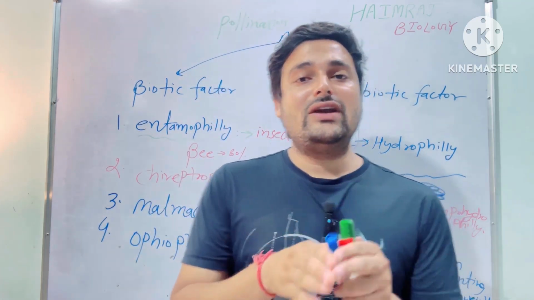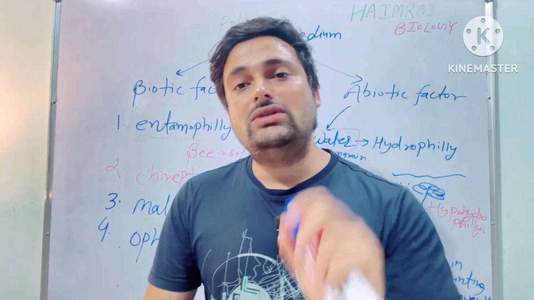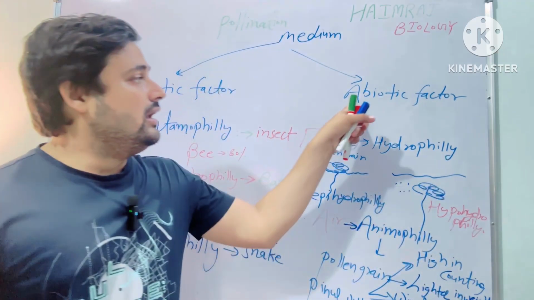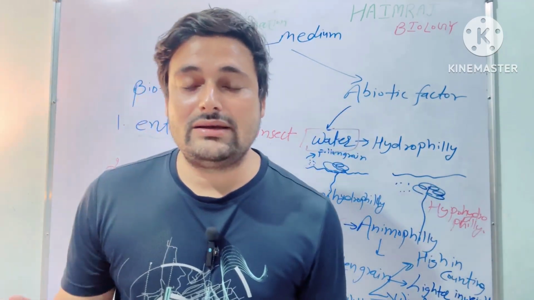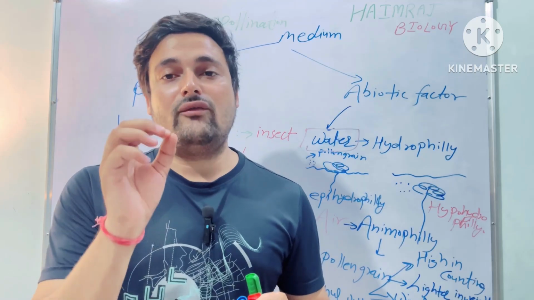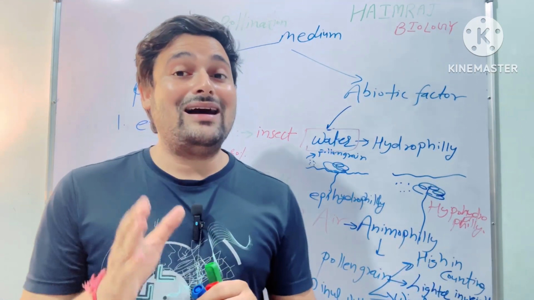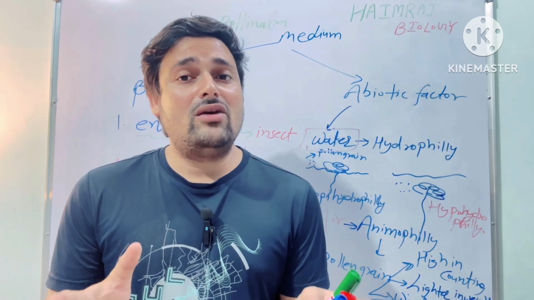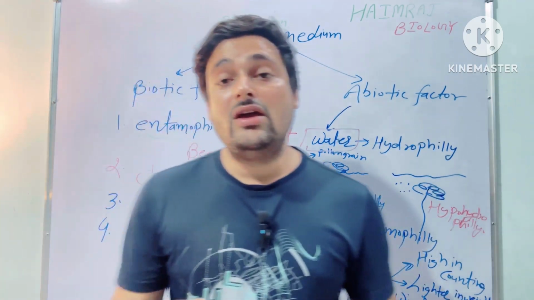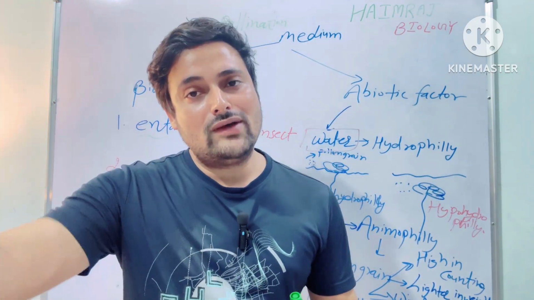That's why different kinds of insects and animals will be attracted to that flower and will help in the procedure. For abiotic factor, the flower can be unattractive, but you have to make sure that your pollen grains have wings, and the count should be high, because some can be lost in the environment, and they should be lighter in weight, because air is transferring pollen grain from one flower to another flower.